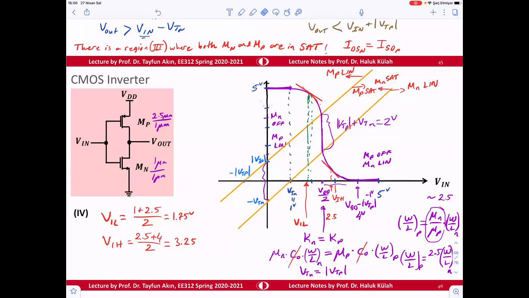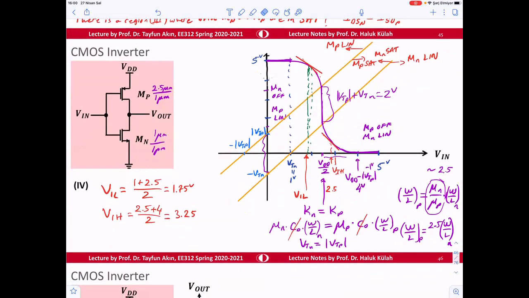So I shouldn't do that. But as you see here, when things are very symmetric, it will be easier to draw this and then obtain input high, input low.